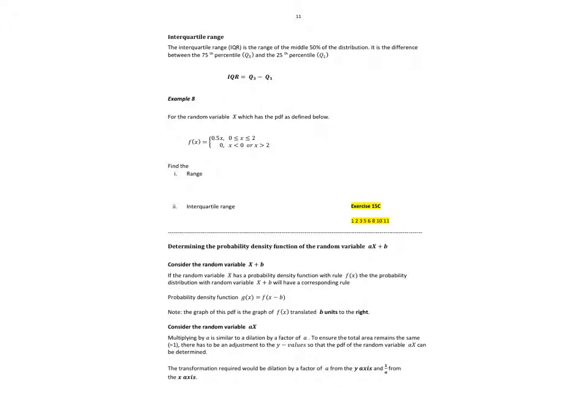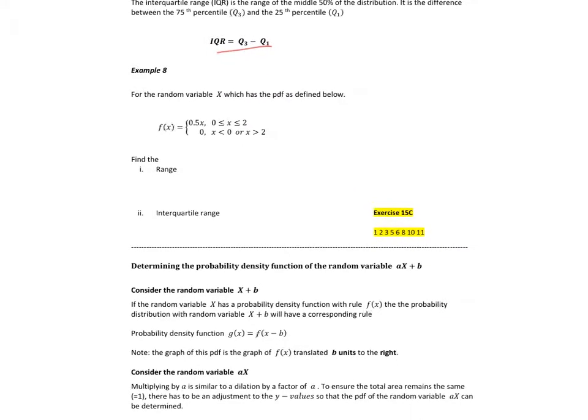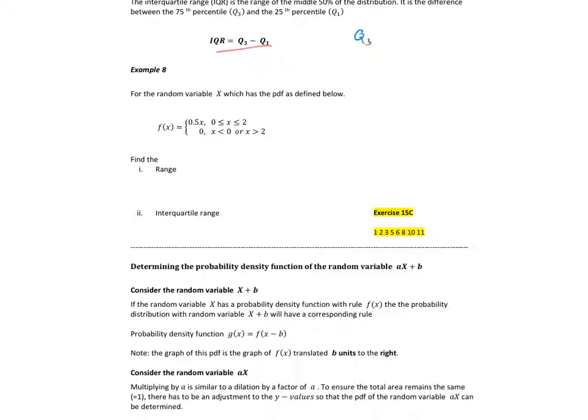If I want to know the interquartile range, that's the difference between Q3 and Q1. So my interquartile range will be the probability equal to 0.75, subtract the probability equal to 0.25. So let's have another play with that one. So Q3, we have to find the value of m.